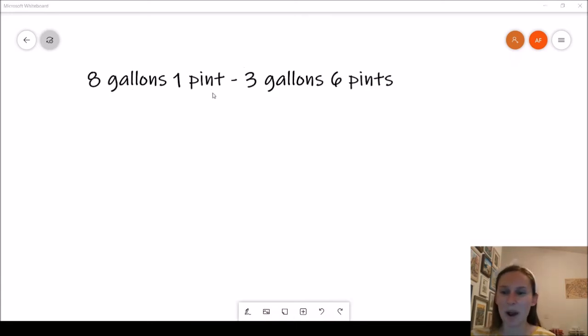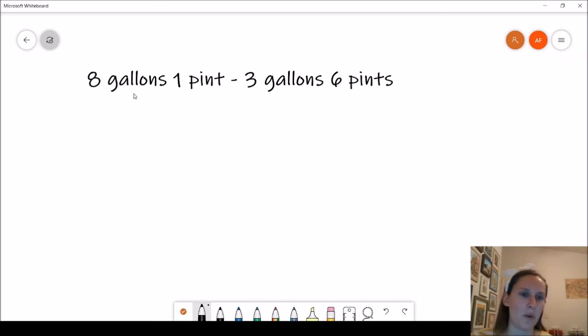Let's try another problem that may require multiple unit conversions in order to solve. I have 8 gallons, 1 pint, and I want to take away 3 gallons, 6 pints. If I look at my pints on this side here, I only have 1 pint, so I can't take 6 pints away from that. I am going to need to unbundle and regroup.